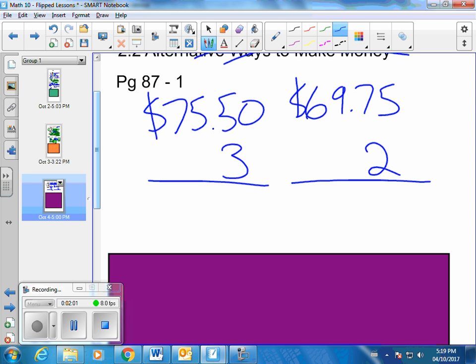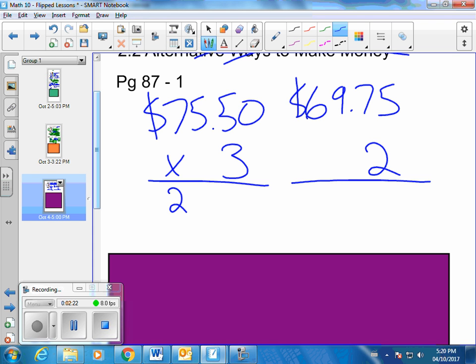So we have to take a look at what mathematical equation we're going to be doing in order to actually solve this. Since we know how many sweaters we have, we need to multiply it by the amount we're charging, and we get a total there.